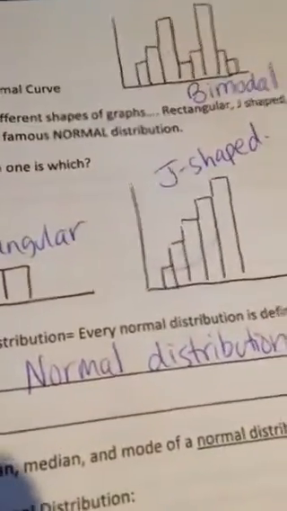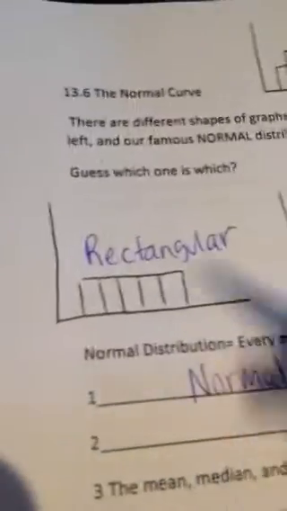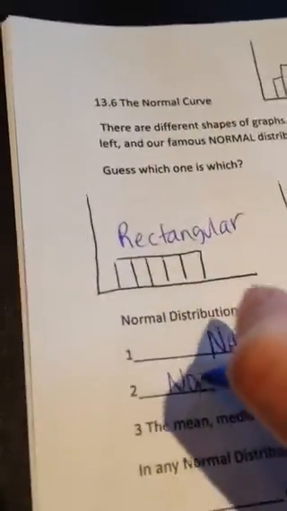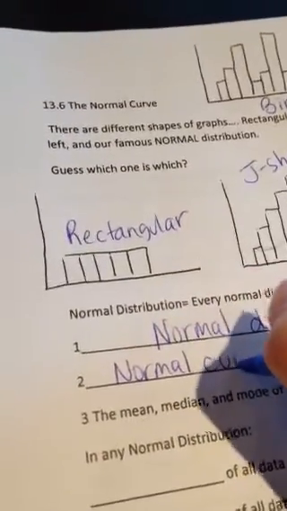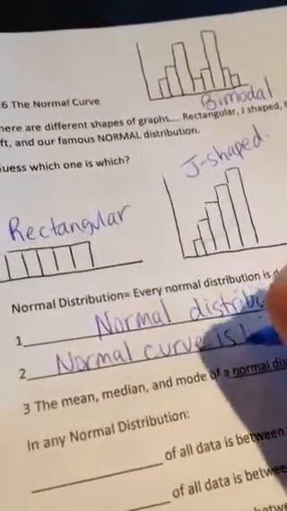But more importantly, a normal curve is bell-shaped. That means it goes up and comes back down. So a normal curve is bell-shaped.